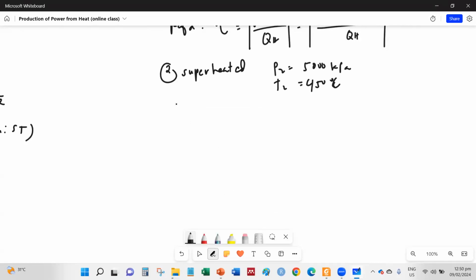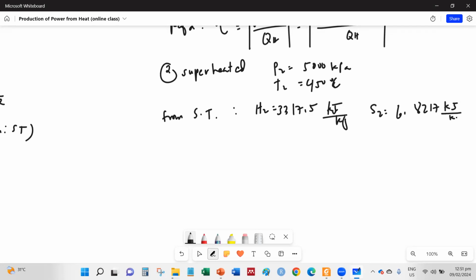H2 is 3317.5 kilojoules per kilogram, and then S2 is 6.8217 kilojoules per kilogram Kelvin. So that's at point 2.